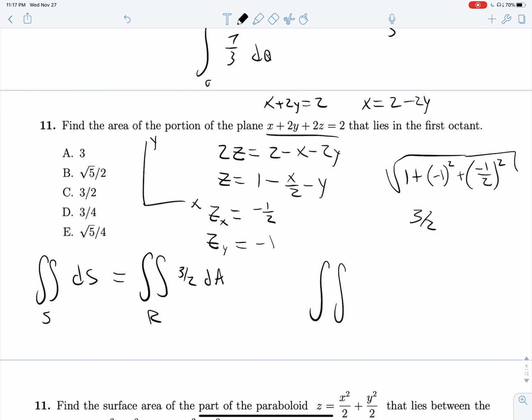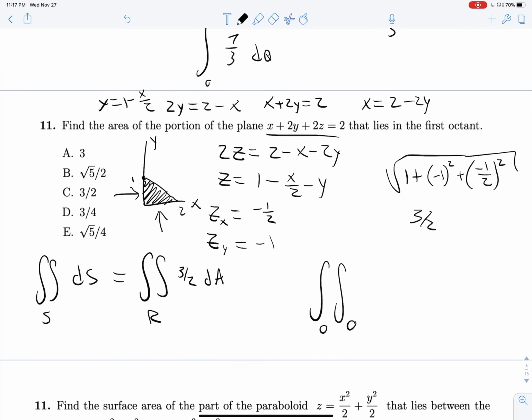This is going to be, let's see, 2y equals 2 minus x, so y equals 1 minus x over 2, so 1, 2, and that's going to be our region right there. And so you can see our lower bounds are 0.